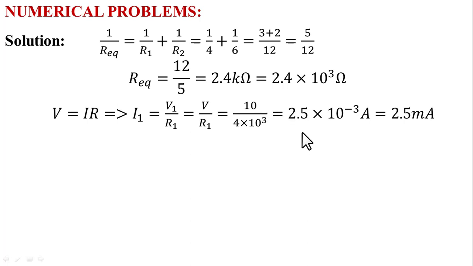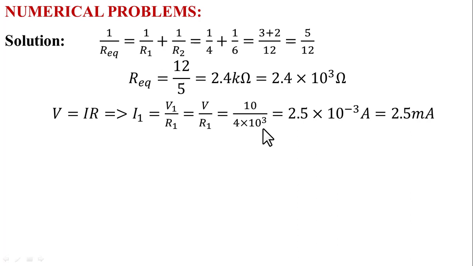According to Ohm's law, V is equal to IR. This implies that I1 is equal to V1 over R1. Here in a parallel combination, voltage will be same. So V is equal to V1 is equal to V2. So this implies that I1 is equal to V upon R1, that is equal to 10 divided by 4 multiplied by 10 raised to power 3.